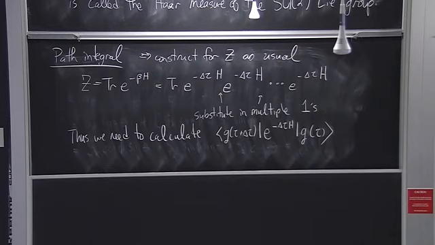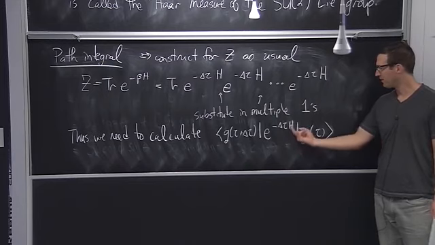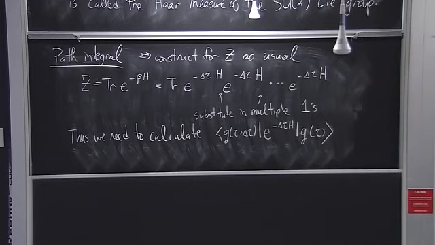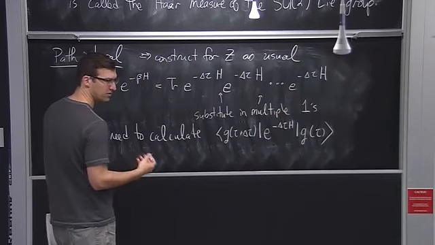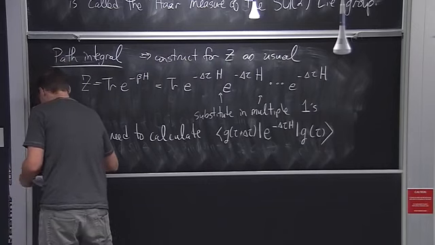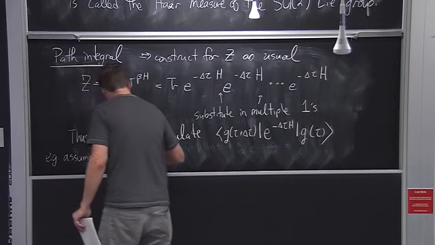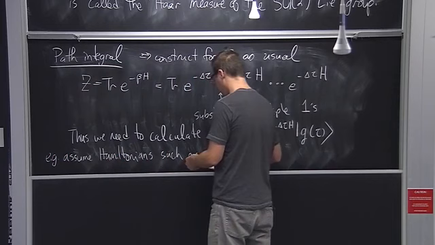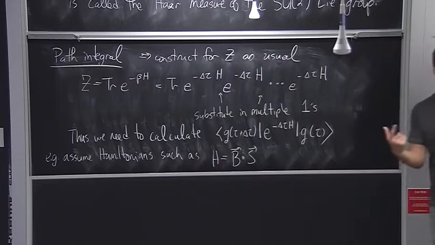And hopefully we've constructed these coherent states such that the matrix element of the Hamiltonian gives us something nice. We're going to look at Hamiltonians that are the typical Hamiltonian for spin systems. So hopefully they contain the spin operator, something like B dot S. B is a magnetic field, right?